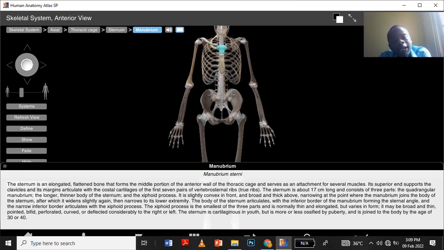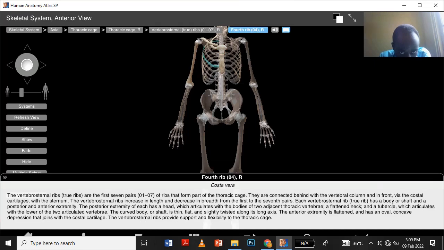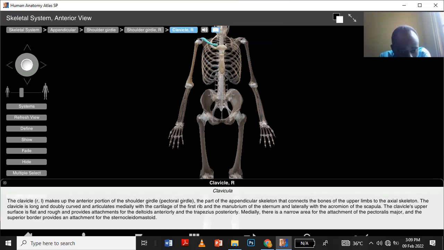So the clavicle articulates medially with the manubrium of the sternum, which is this, and also with the cartilage of the first rib, and it forms something called the sternoclavicular joint.